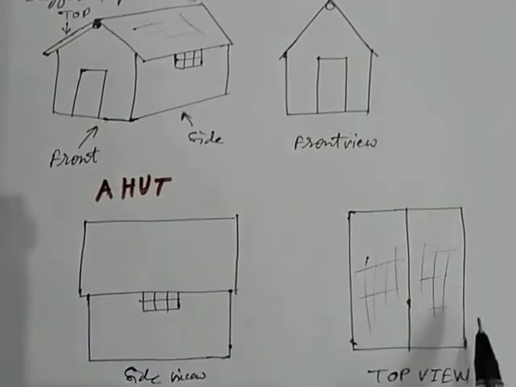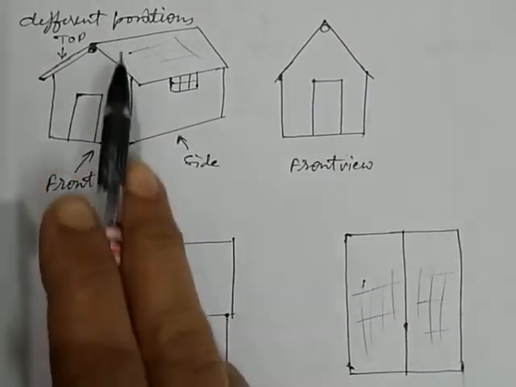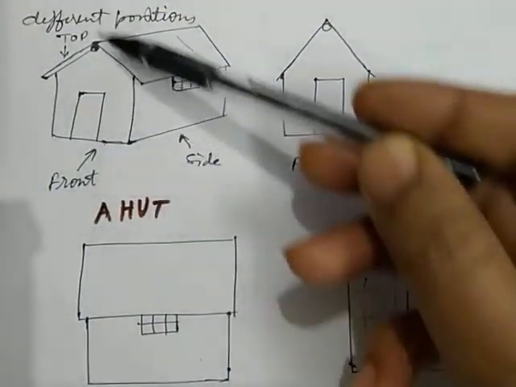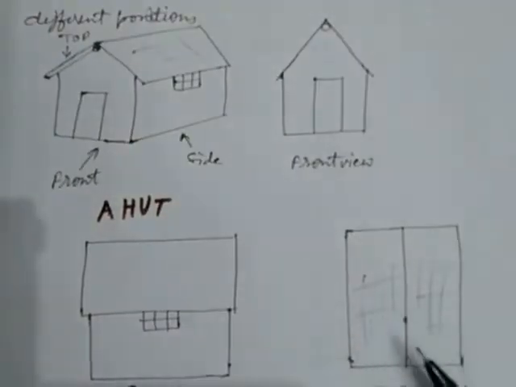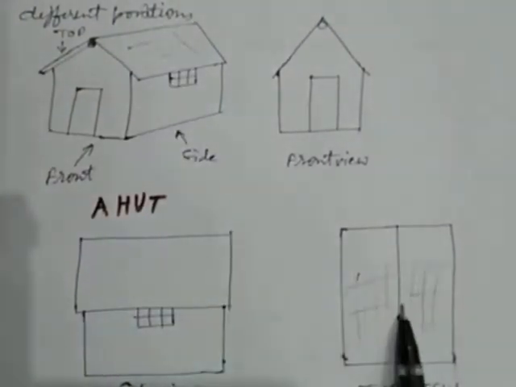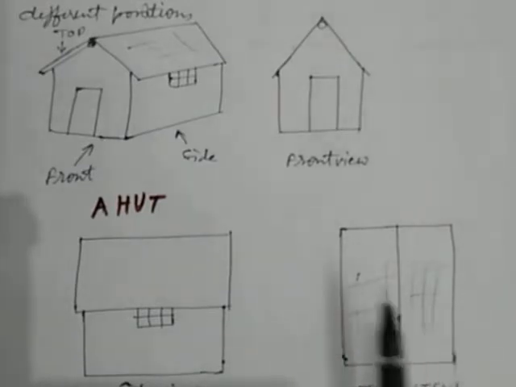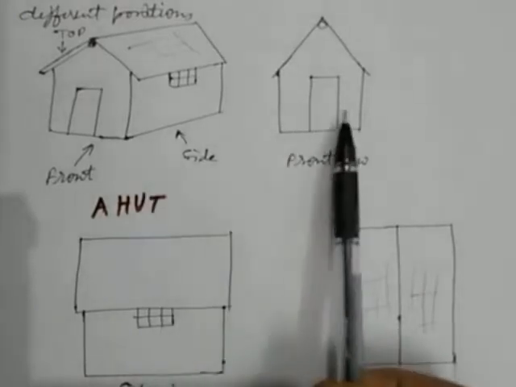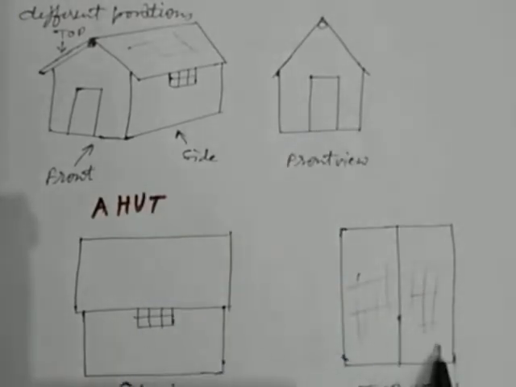But if we look at this hut from the top, okay, then what happens? If we look at this hut from the top, it looks like this. This edge is here and this is the outer edge. Okay, so if we change our position, then this hut looks different from each position.